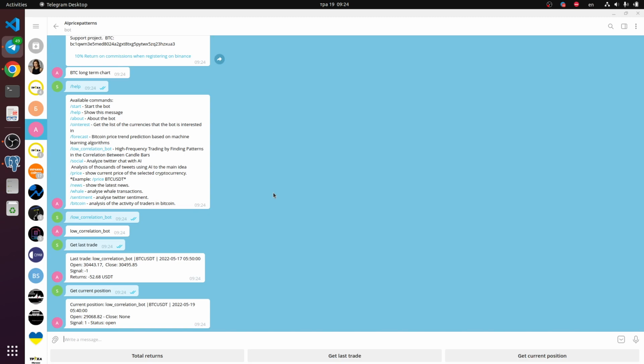Also, this is the bot that I developed. This is a bot where I used only statistical data. This is not machine learning. I'm going to implement some machine learning ideas here to manage the position, because we need to find stable results. If you use machine learning, in general we have a stochastic process, and the results could be not stable.